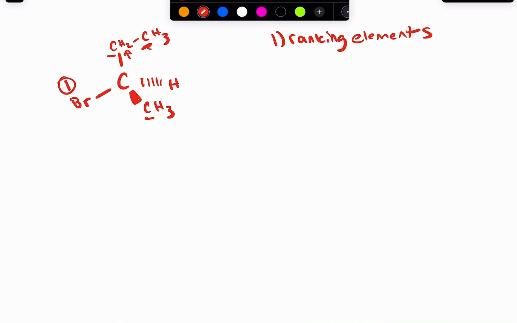Because of this, in this chain, if the first element is the same, the second element is the same, we would go for the third element, which would be this carbon. Obviously, carbon holds more importance than the third hydrogen that would exist here. So this would be assigned priority number 2, and this would be assigned priority number 3.